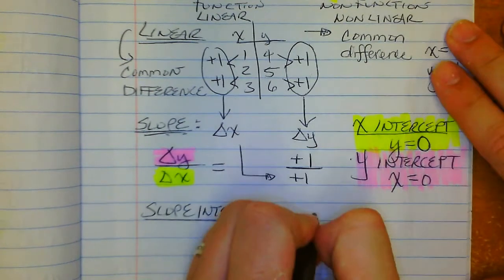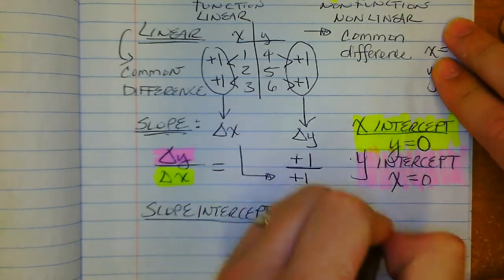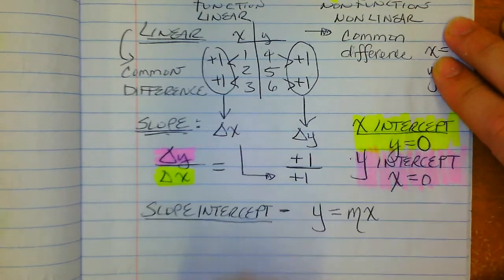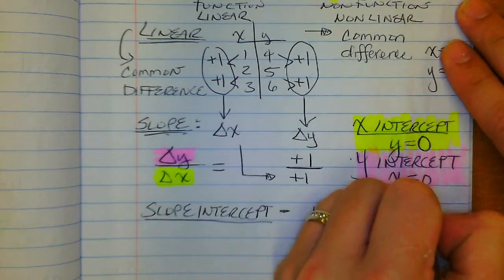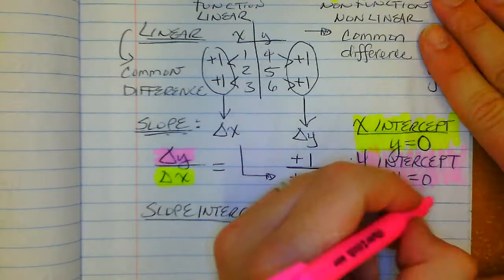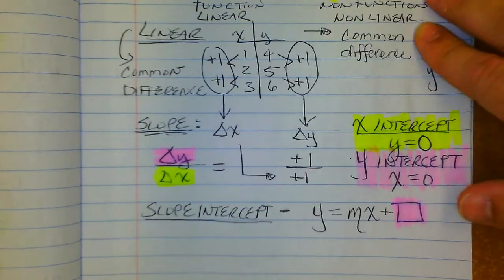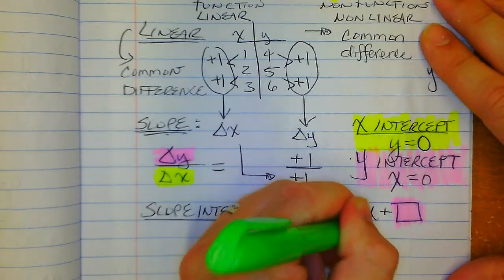Slope-intercept is when you have y equals your slope times x plus the intercept, the y-intercept. So we're going to put that right over here. I'm going to use green for slope.